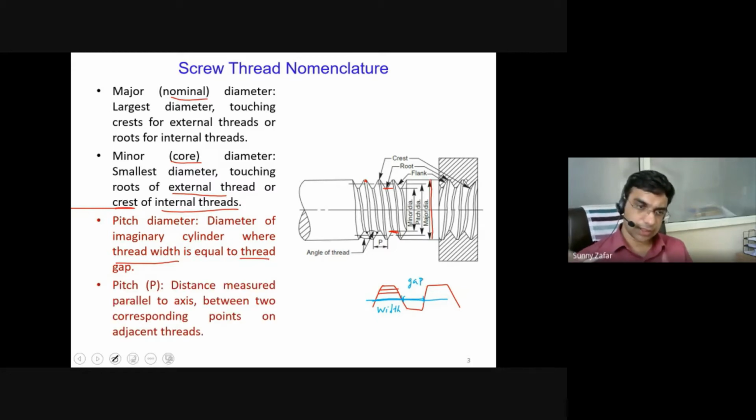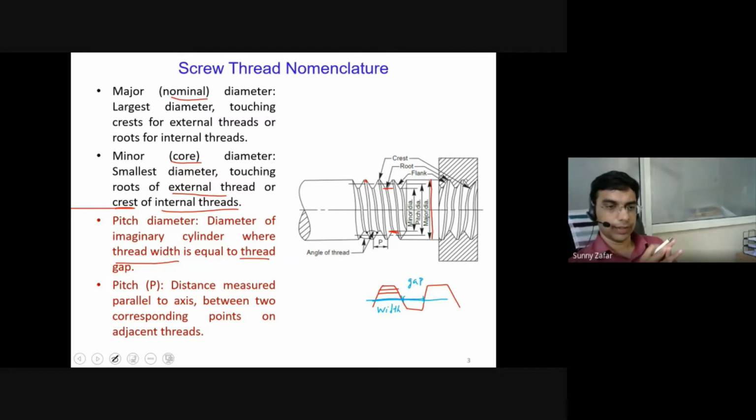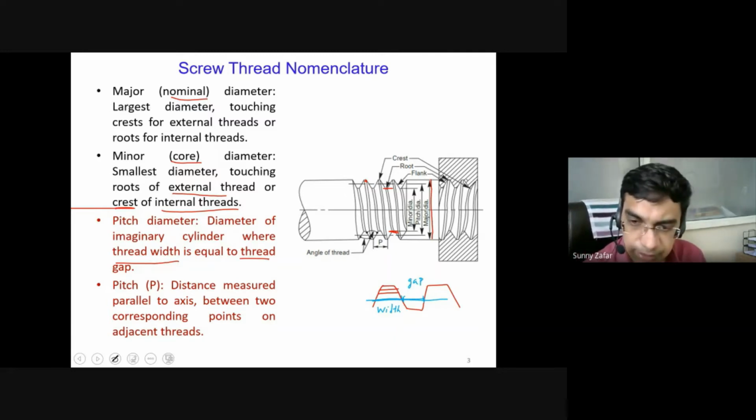And of course, next comes another important parameter for the threaded fastener, that is known as the pitch. So what is pitch? Pitch is again the distance measured along the parallel axis. So this is the parallel axis, and it is the distance measured between two corresponding points.